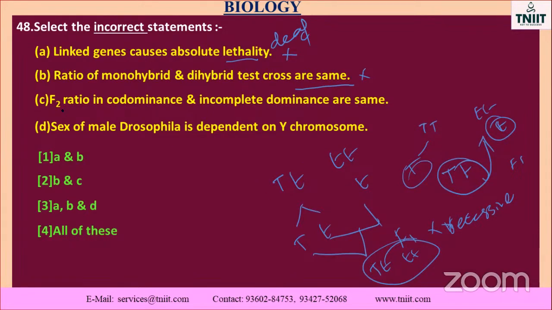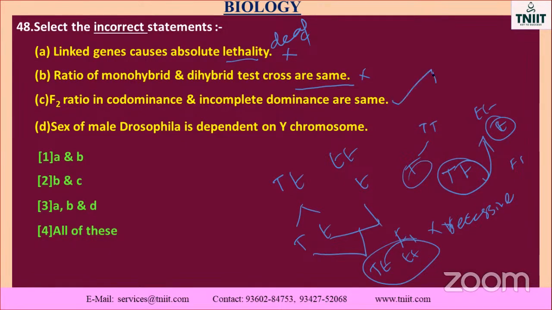F2 generation, just imagine. Incorrect statement only is asked, isn't it, my dear? Here A and B are wrong. So the F2 ratio in codominance and incomplete dominance are the same.